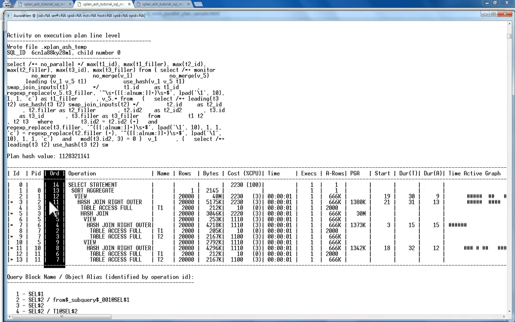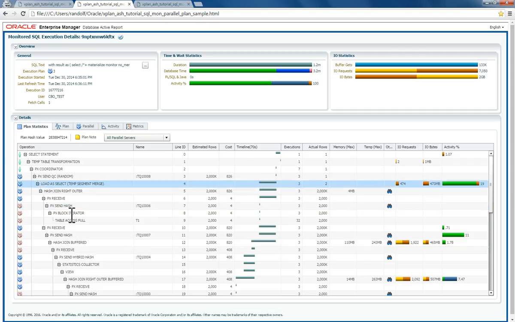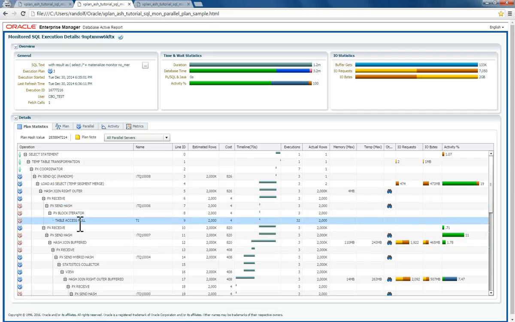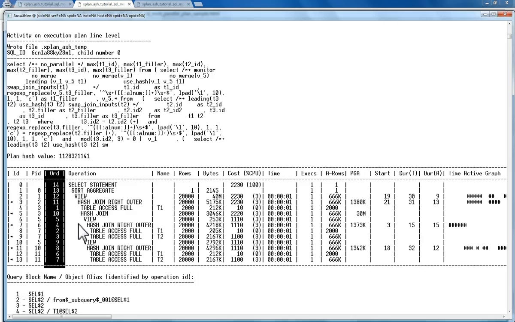And again, this activity indicator in ExplainASH is based on active session history, whereas the activity indicator in real-time SQL monitoring is based on the monitoring information. So again, they could be different. They could highlight different execution plan lines, but the basic meaning is the same. It tries to give you an idea which execution plan line most recently was active.